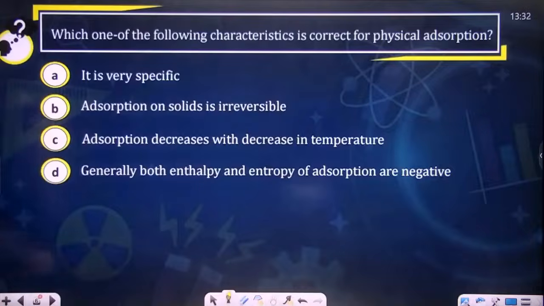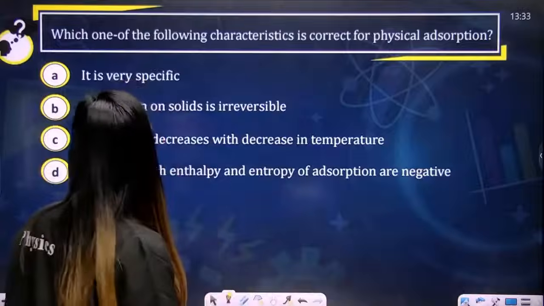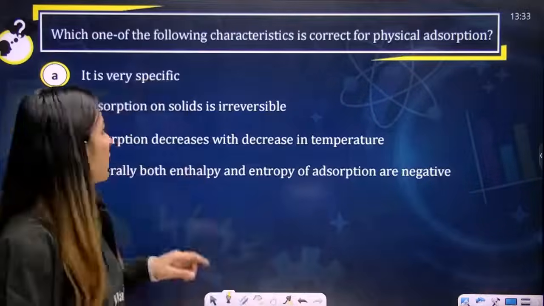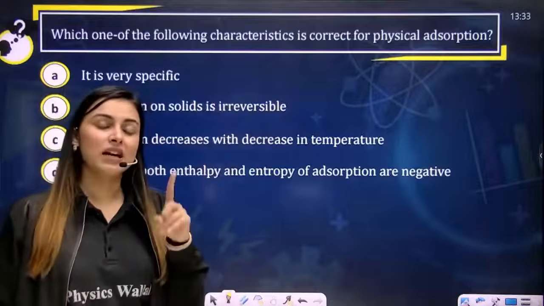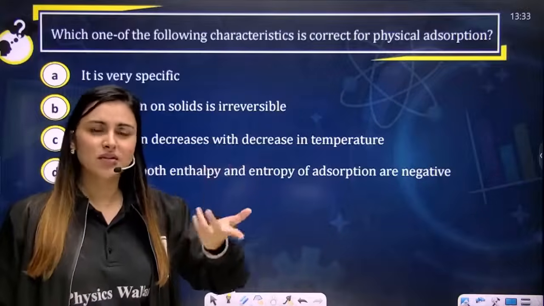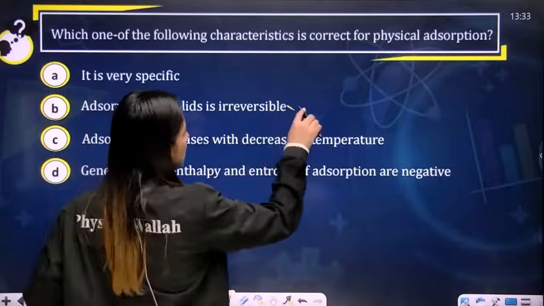Second says adsorption on solids is irreversible. What we have to tell? Which one of the following characteristics is correct? You have to tell only one which is correct. It says that adsorption on solids is irreversible. It is a physical adsorption, and physical adsorption has weak van der Waals interaction. So it is reversible, because the force of interaction is very weak. So this is wrong, right?